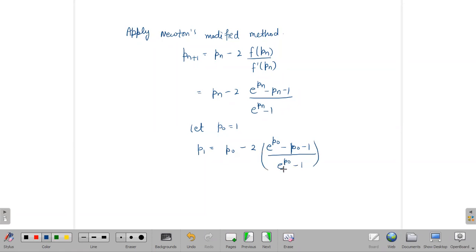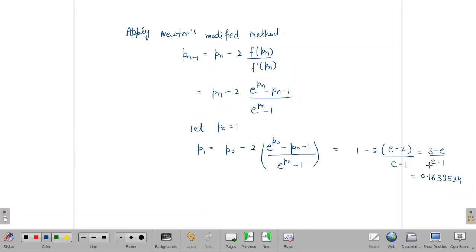So here you are getting 1 minus twice of (e minus 1) by e. If you write it, it will be (3 minus e) by e. So it is approximately equal to 0.1639534. So actually, by applying Newton's modified method, you will get 0 because 0 is the exact root of this equation. So we are finding 0 only.